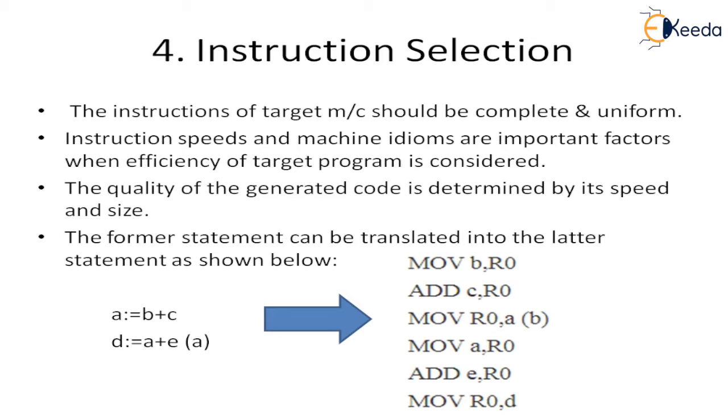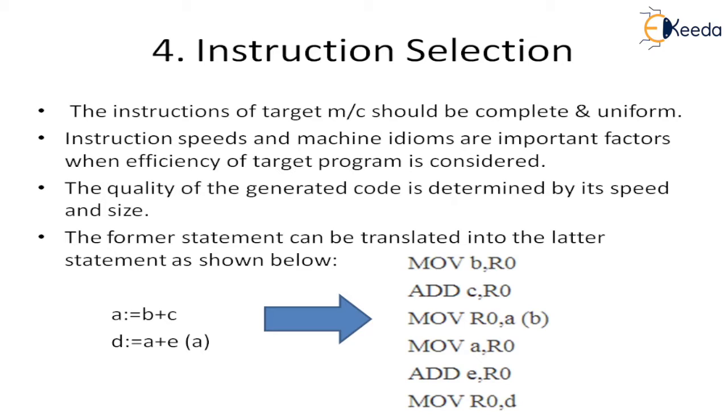The quality of generated code is also determined by the speed and size of that code. So that statement is represented in the following manner. Here is the instruction selection example: a = b + c, d = a + e. This instruction is represented in instruction selection as the example shows.